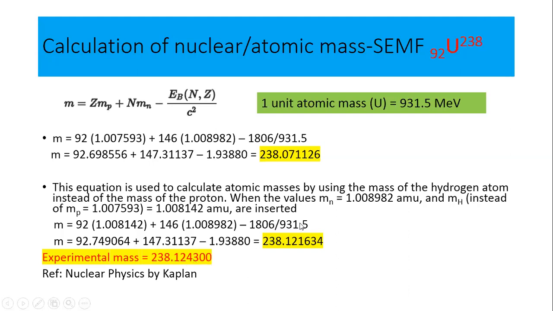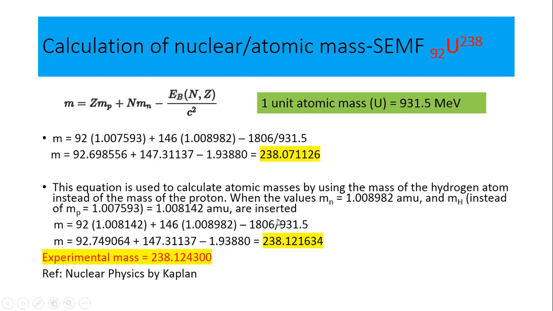So now you can see the application of the nuclear drop model. You can calculate the mass of the nucleus or the atomic mass very closely to the experimental mass.